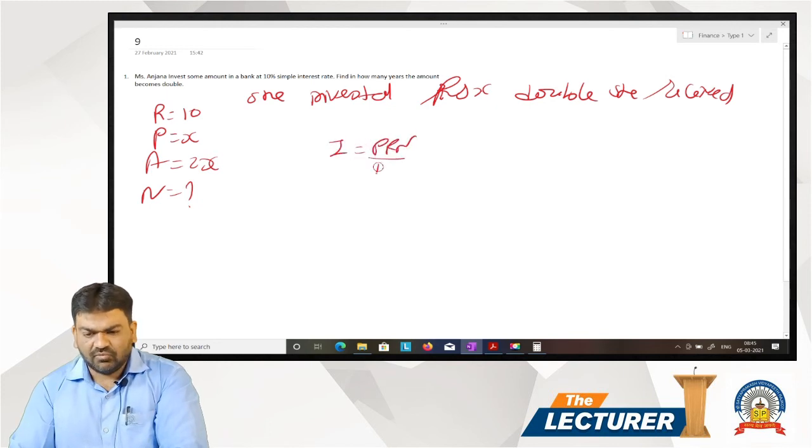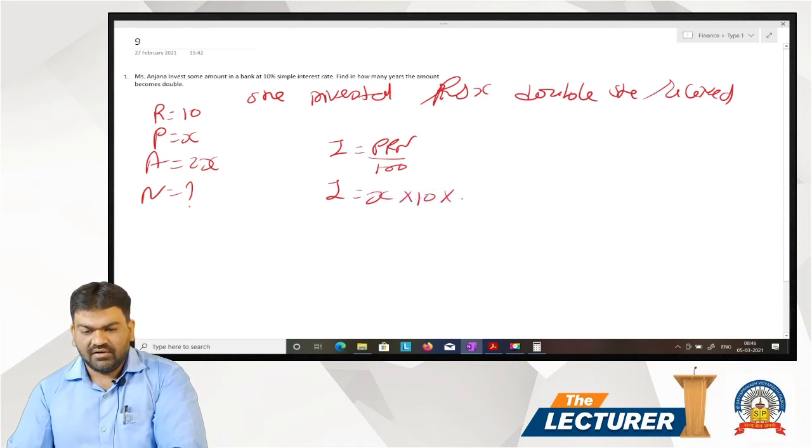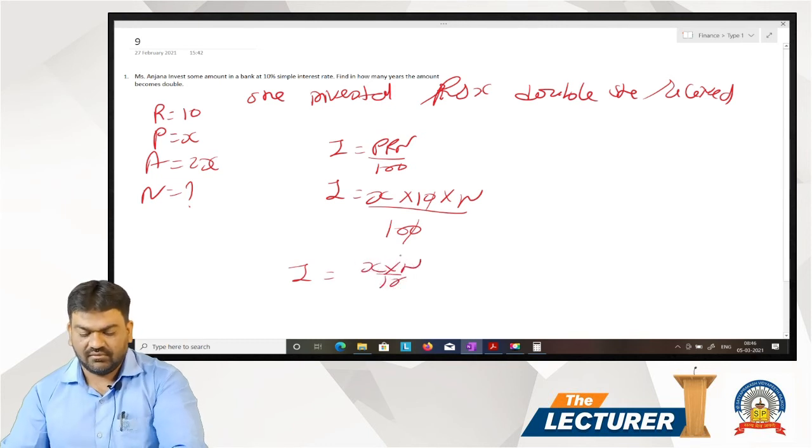I is equal to PRN upon 100. P is X, R is 10, multiplied by N divided by 100. So I is equal to X multiplied by N divided by 10.